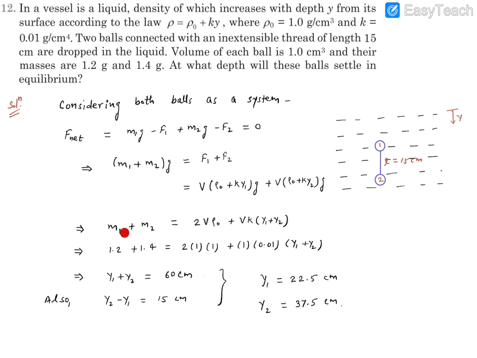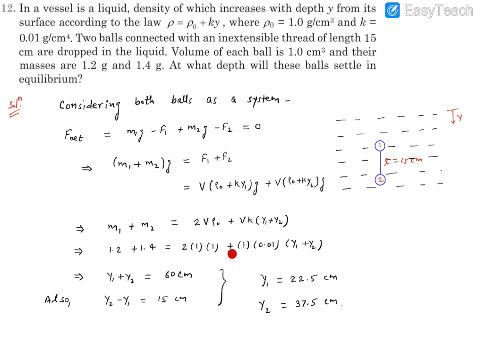Now you can take gravity common and cancel, so it becomes m1 plus m2 is equal to v rho naught, means 2v rho naught, plus vky1 plus vky2, so we can take vk common, and within the bracket it will be y1 plus y2. Now m1 is 1.2, m2 is 1.4, v is 1, rho naught is 1, everything is in CGS, and k is 0.01, so I have placed over here y1 plus y2.